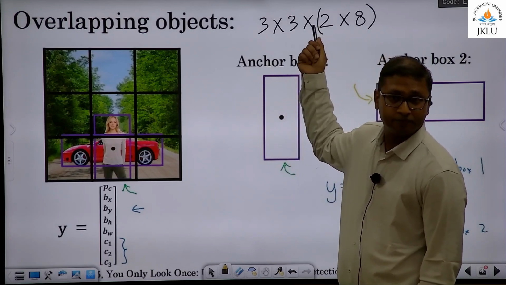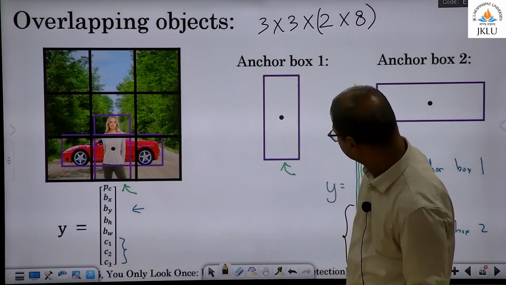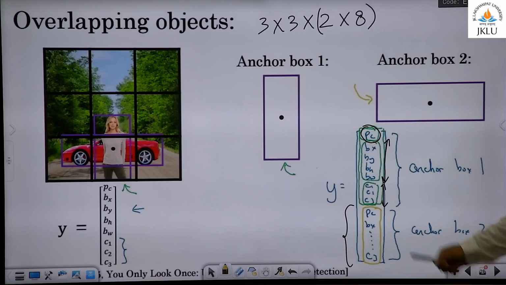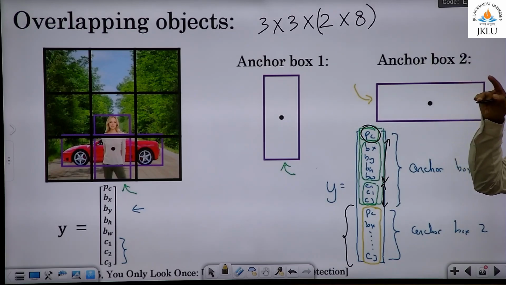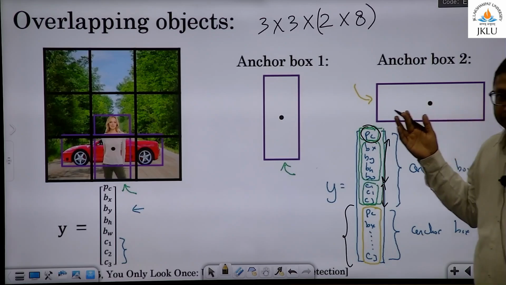Is this fine? Okay. If I have 5 anchor boxes, 3 cross 3 cross 5 cross 8. Okay. But having 5 anchor boxes is really difficult.